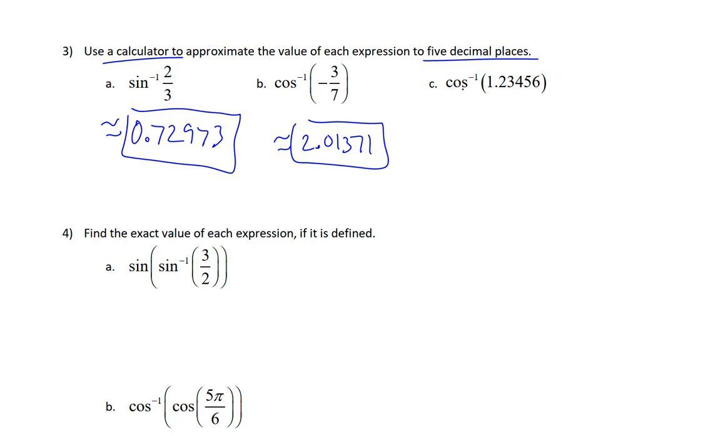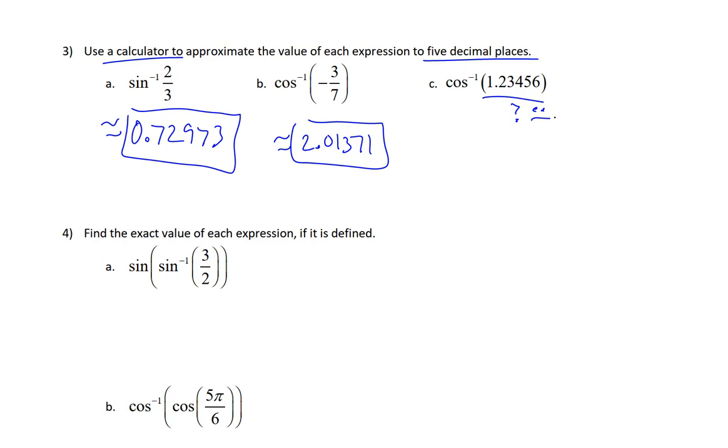Okay, and then thirdly, we have the cosine inverse of 1.23456. Now, if you've been paying careful attention above, you might already notice something going on with this input value. This is suggesting that we can put the input of a cosine inverse function as 1.23456.